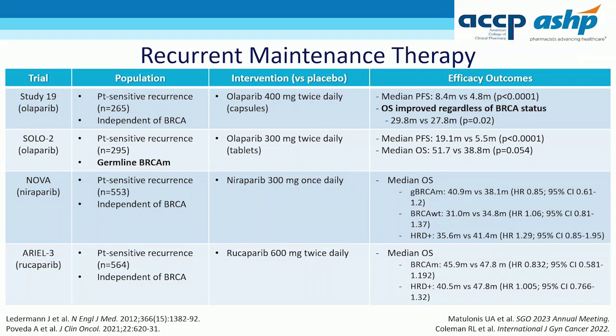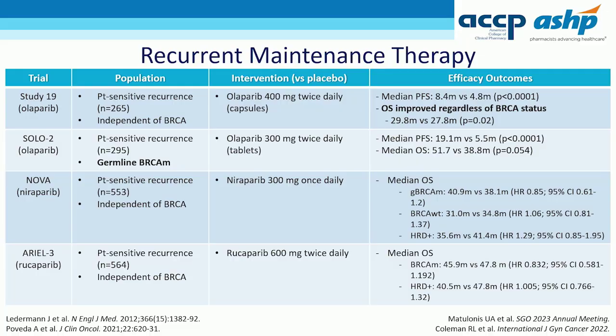The other ones I'll show you, so the NOVA with niraparib, their overall survival, you can see that while the germline BRCA mutated patients did have a benefit, the BRCA wild type and the HRD even did not have a benefit in overall survival, which is why that indication was subsequently pulled from their initial approval.